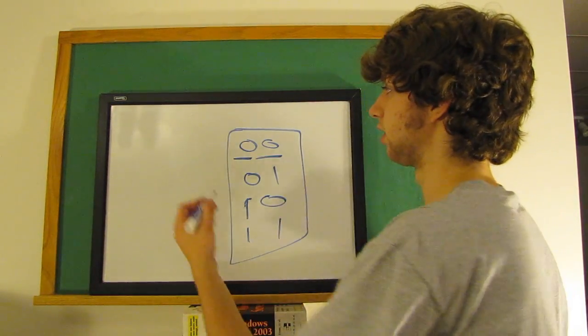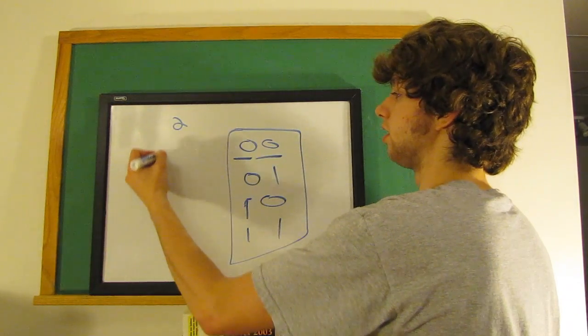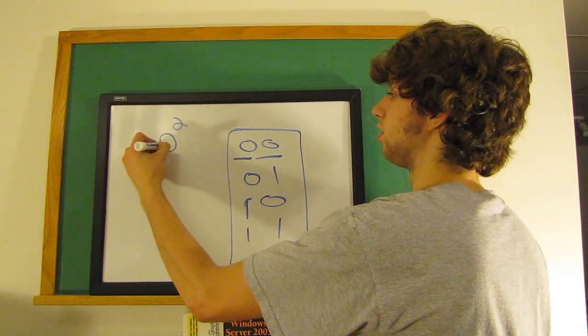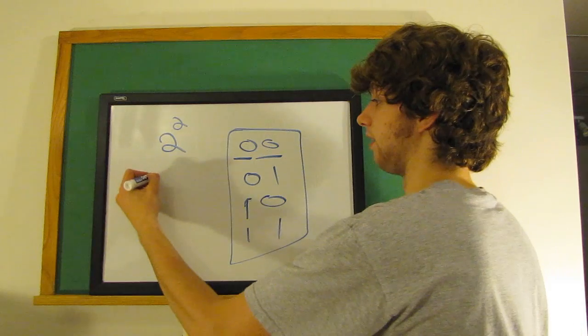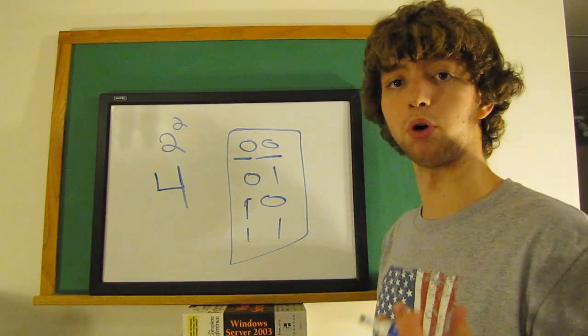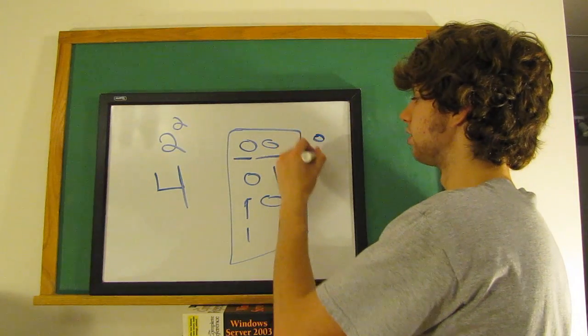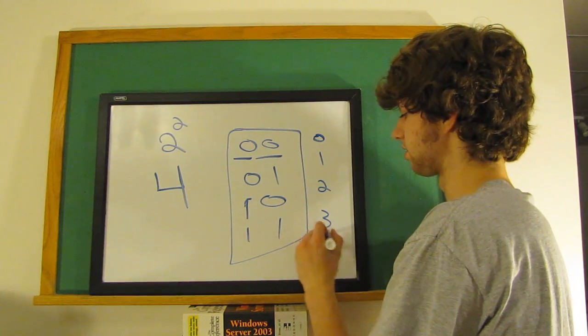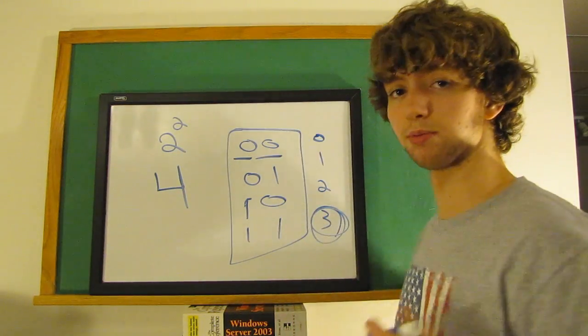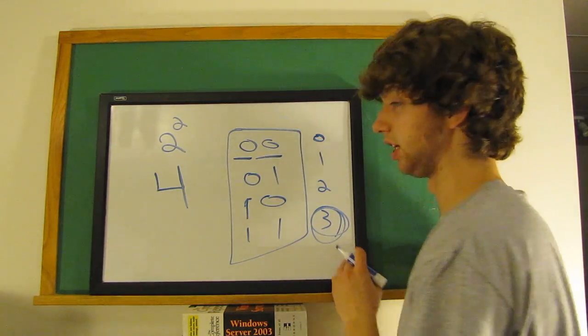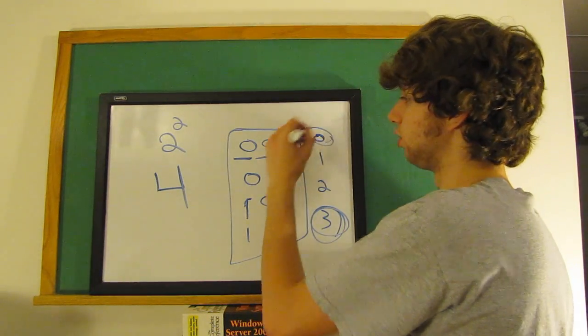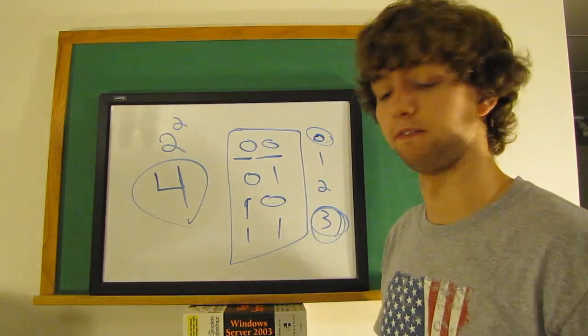You can figure this out because we are in 2-bit words, so we multiply 2 to the 2nd power, and that comes out as 4. Well, the highest number here, this is 0, this is 1, this is 2, and this is 3. The highest possible value is 3, because we have to include 0 within the total possible values.